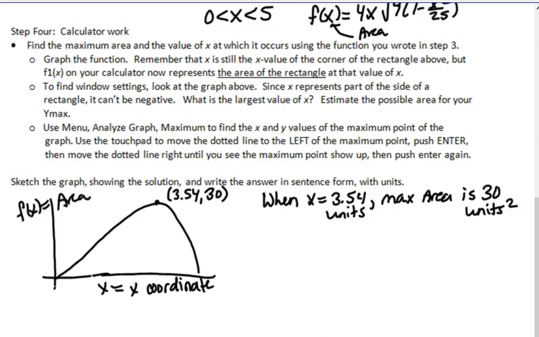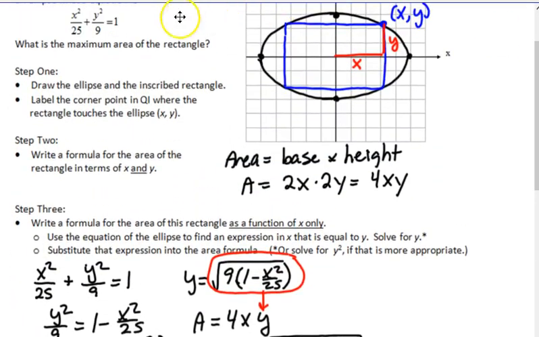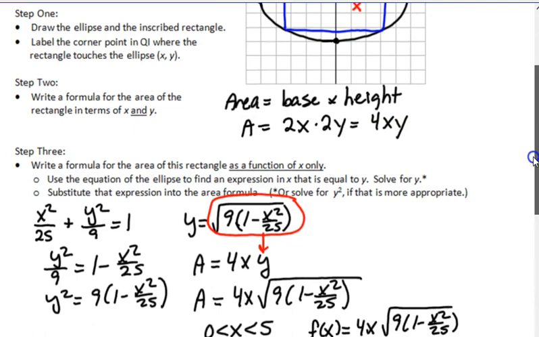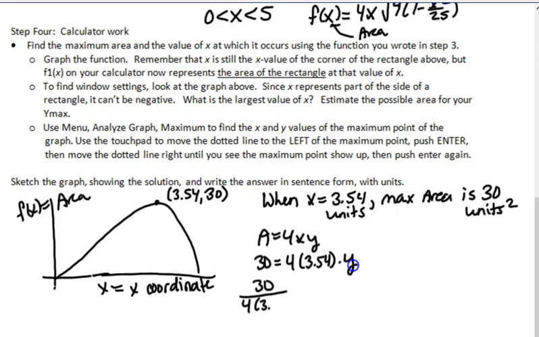If I wanted to know the y value, I would look at one of my equations that has x and y in them. I have two equations that have x and y: the ellipse equation and this little area equation, which would be much simpler to use in this case. My area equation is area equals 4xy. So I can say that 30 is equal to 4 times 3.54 times y, and solving for y, I would get that y is 2.12.